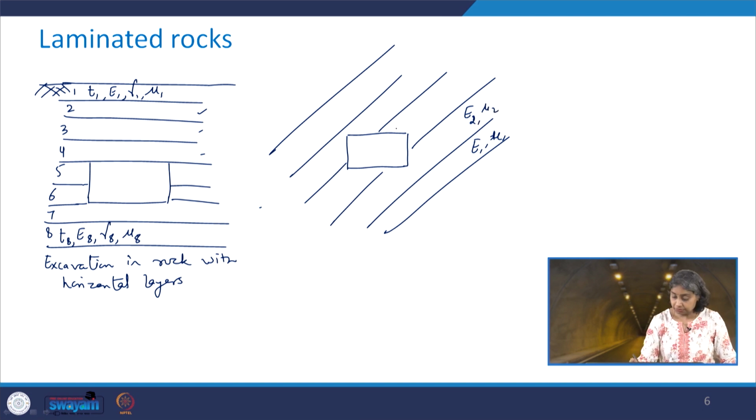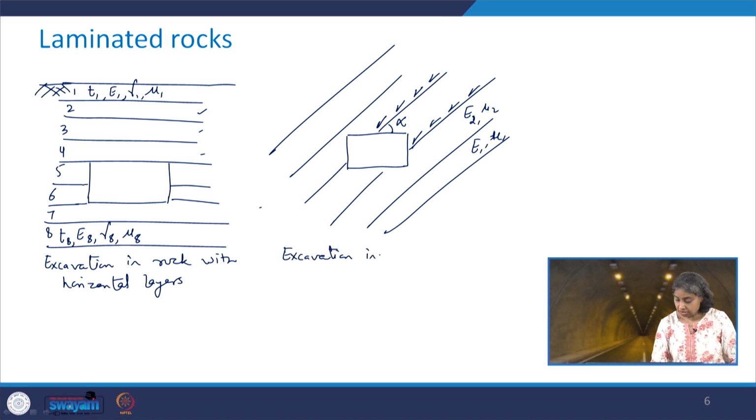And the orientation of the joint is say alpha. So, what kind of situation, this kind of sliding? Okay. So, this is excavation in rock with inclined layers.